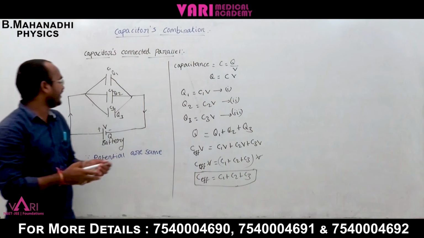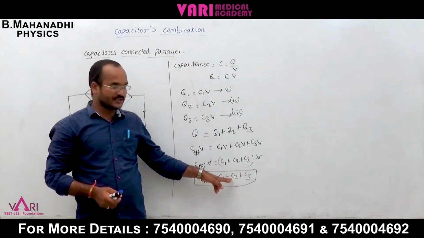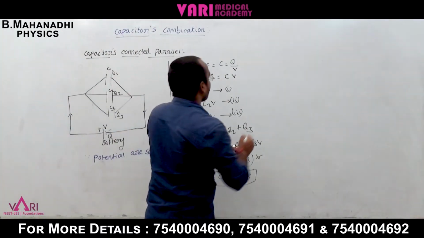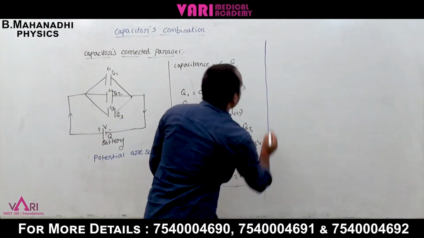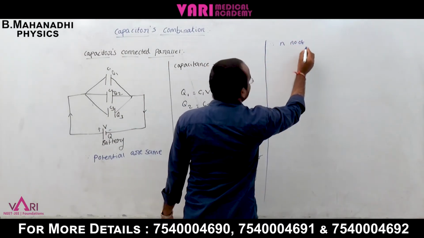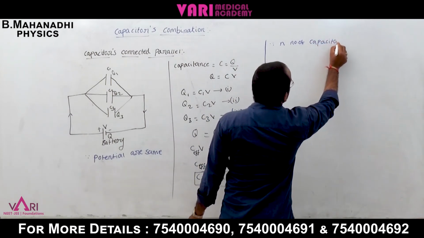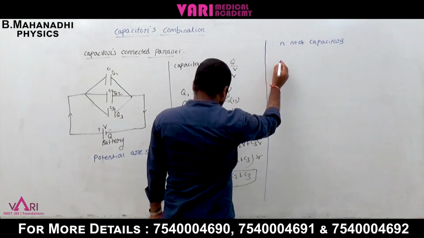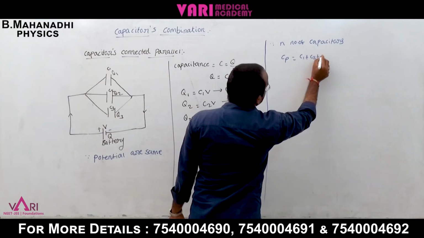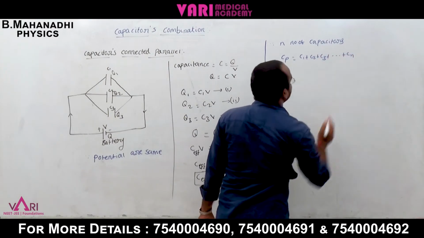If three capacitors are connected in parallel combination, it is C1 plus C2 plus C3. Suppose n number of capacitors: Cp equal to C1 plus C2 plus C3 and so on up to Cn.